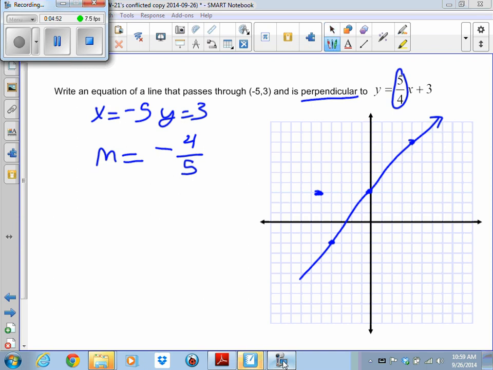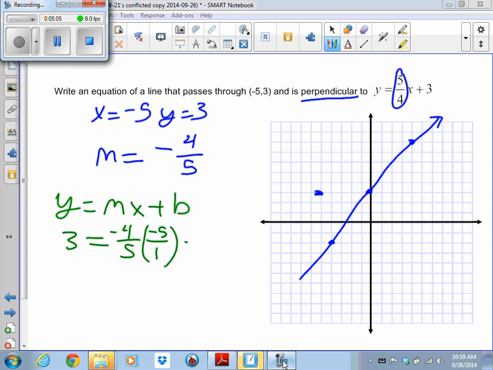So here we're going to plug it in: y equals mx plus b. 3 equals negative 4/5 times negative 5 plus b. The negatives cancel, the 5s cancel. 3 equals 4 plus b, minus 4, minus 4. b is negative 1.